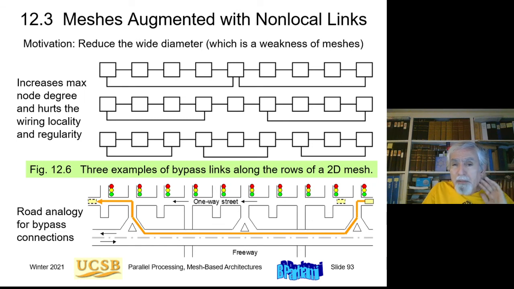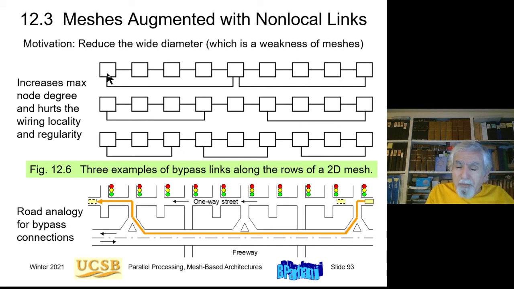So the idea arose that we can provide these bypass links so that if a message wants to go, say, from one end of this row to the other end, instead of going 1, 2, 3, 4, 5, 6, 7, 8 steps, it can just take 2 steps, 1, 2.